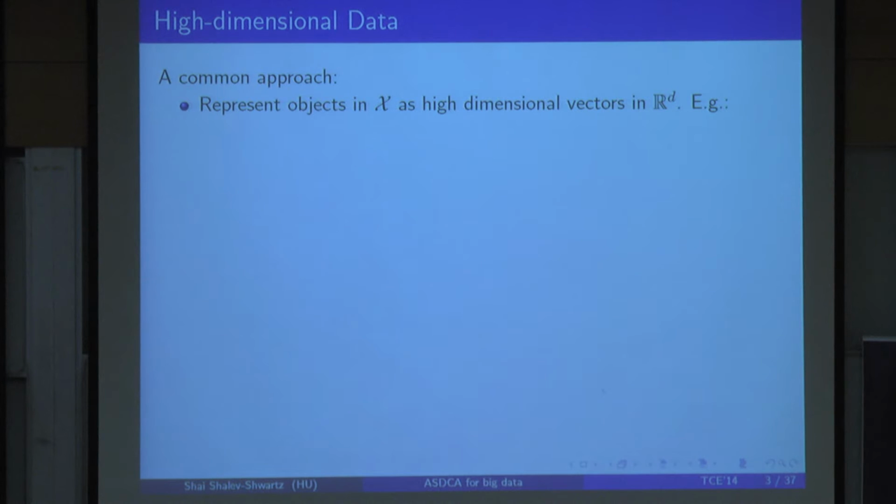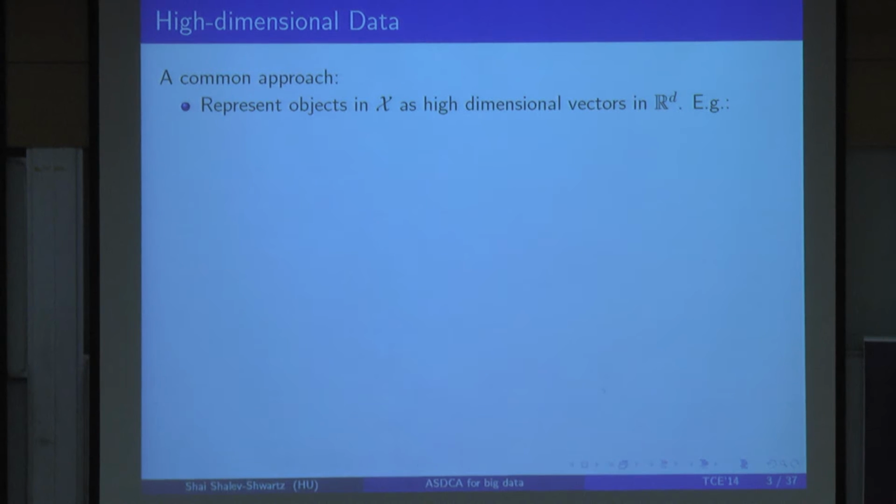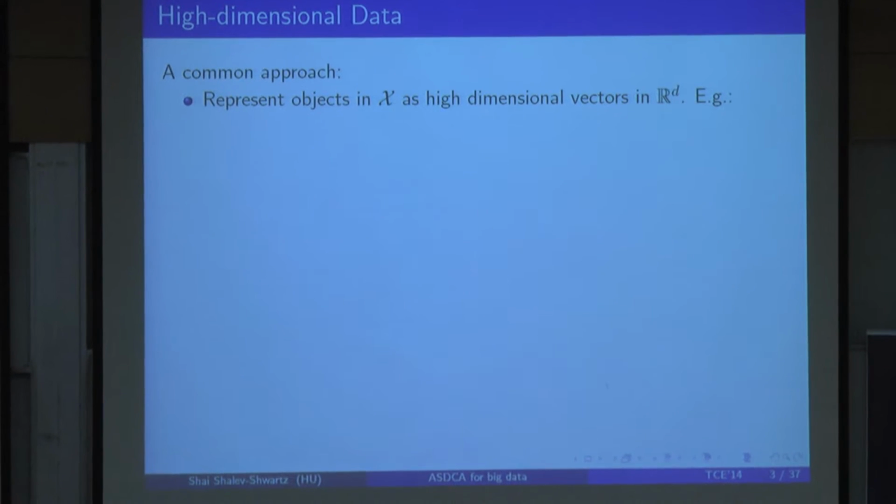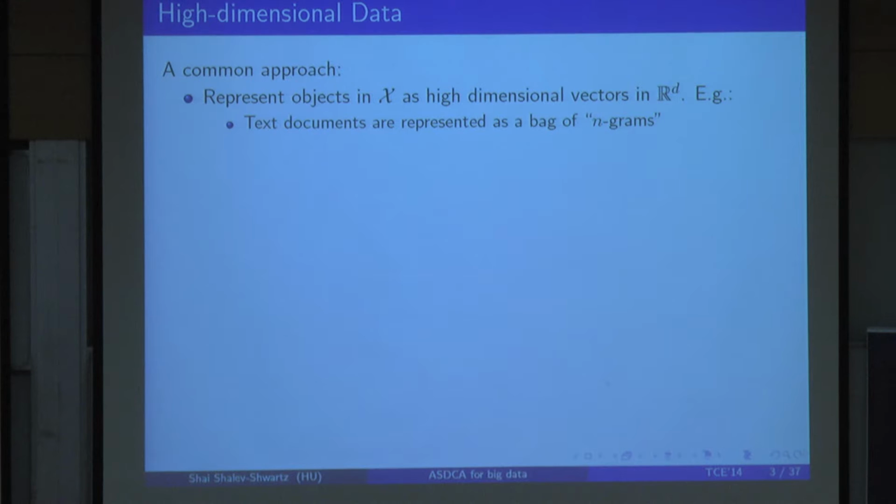So one common approach, which at least in the past was very, very popular, and until today it is still highly used in practice, is the following. First we represent objects as some high-dimensional vectors in dimension D. For example, think about text documents.